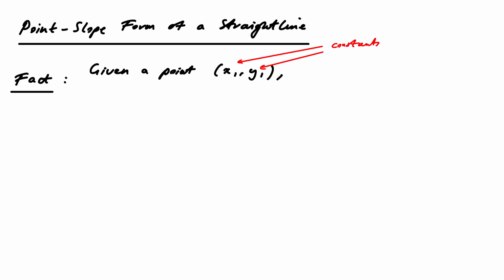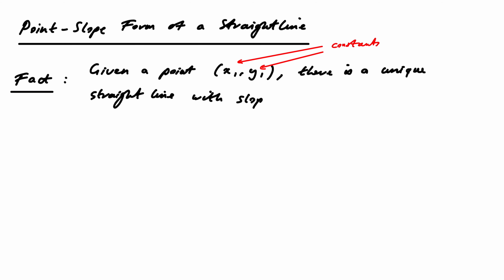There is a unique straight line through this point with a specific slope, a unique straight line with slope m, where m is any number at all, passing through it. So again, this is a constant.